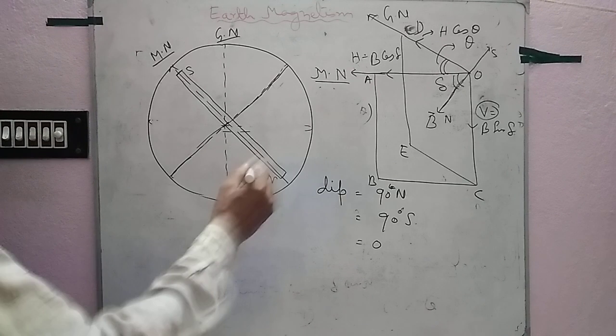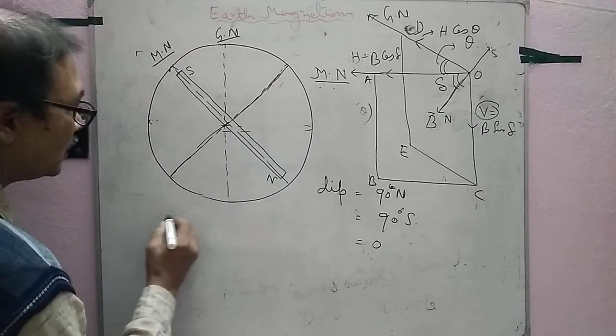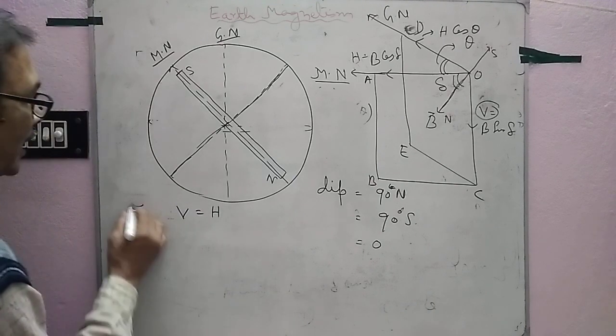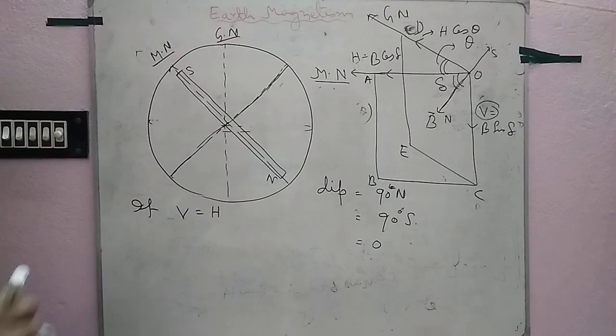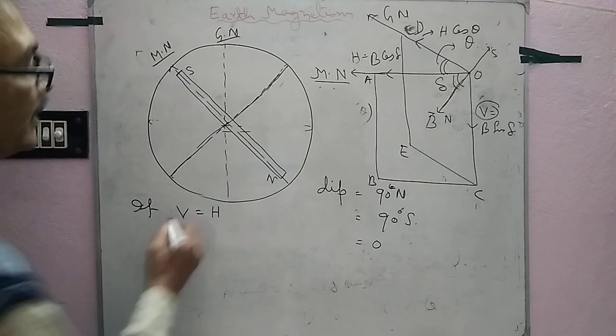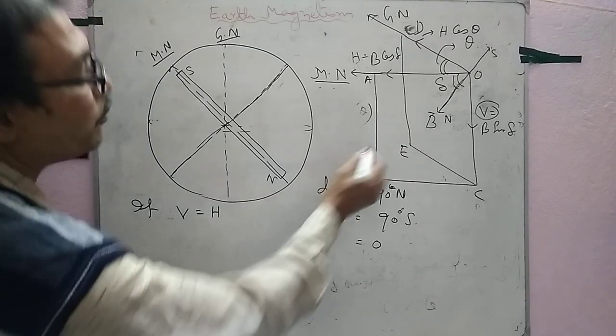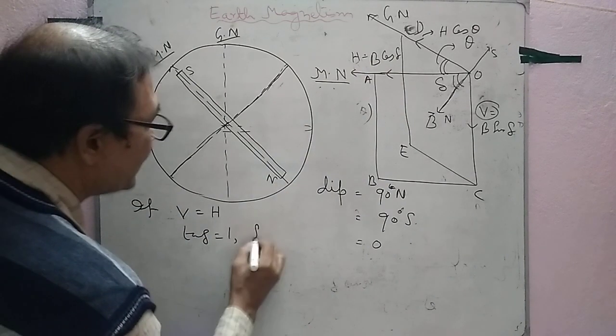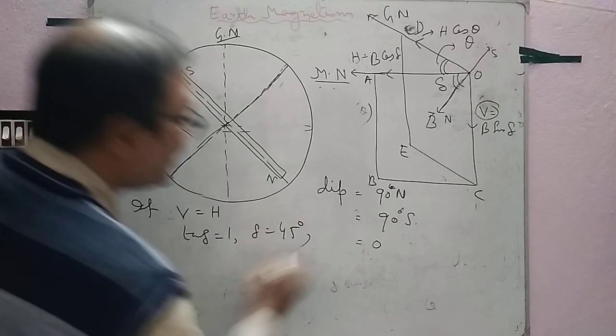Now follow, if V equal to H, if vertical component and horizontal component of earth magnet be equal, then V equal to H, tan sigma equal to 1, that is sigma equal to 45 degree.